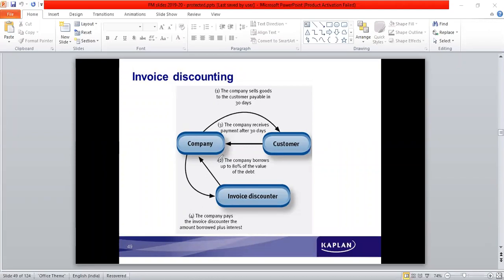The invoice which is issued to the customer is given to the invoice discounter, because that's proof that they have an asset which can be used to collect the amount at the end of the credit period. So there is a kind of claim which they can make against this particular asset. On presenting the invoice, the amount is paid to the company by the invoice discounter, usually a bank or someone who's into providing finances.